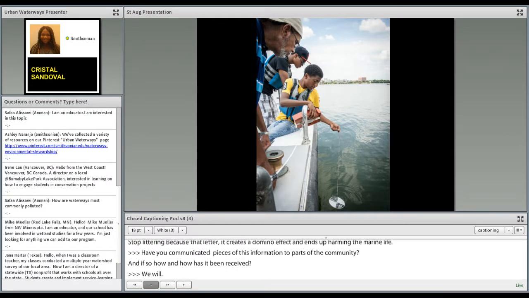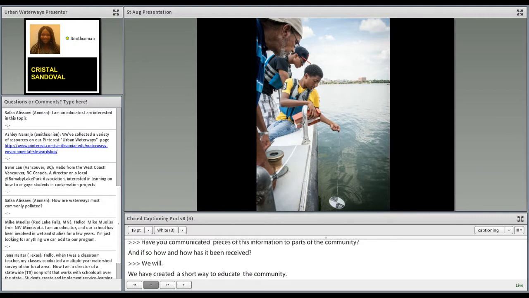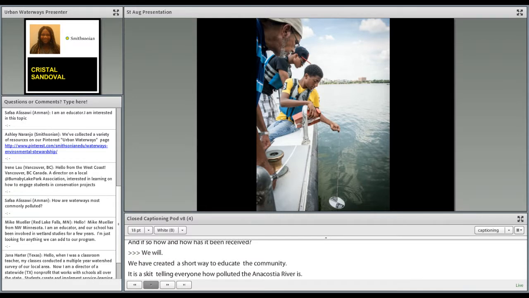It's basically a skit telling everybody about how polluted the Anacostia River is, some of the ways that it affects us, and some of the things that we can do to make it better. If we can get the word out, then there's going to be more people and more organizations that can help us, and it'll be more things than just a band along that will filter the Anacostia River.